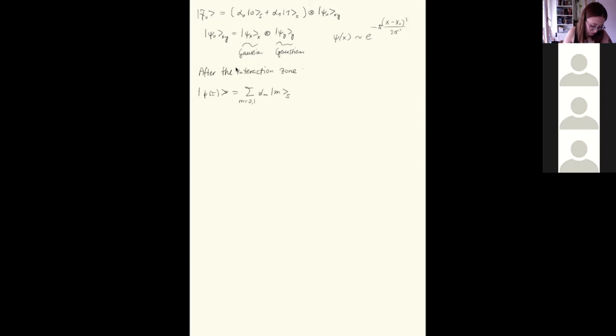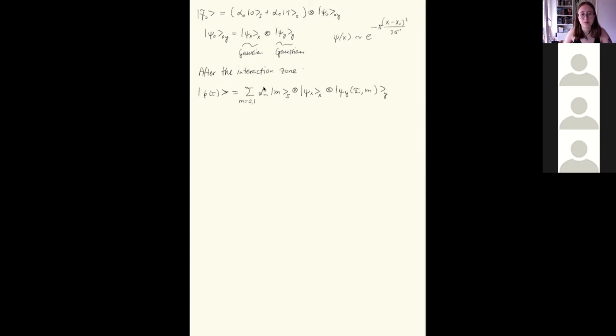It will have two components. The x component will of course stay the same as before because we apply identity on that component.